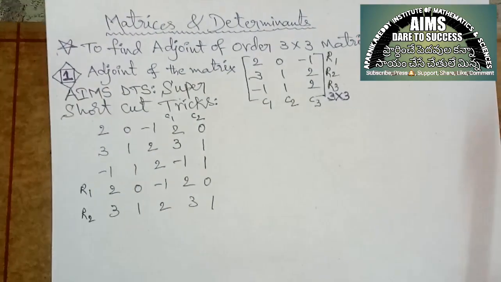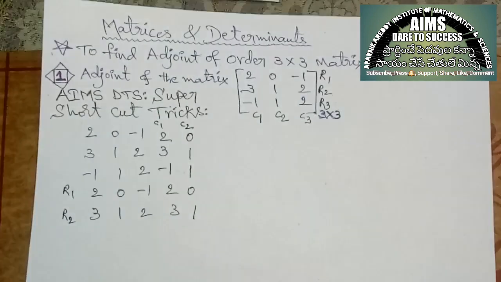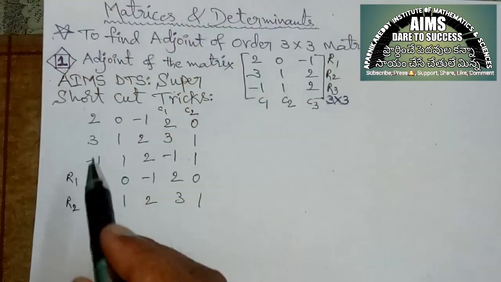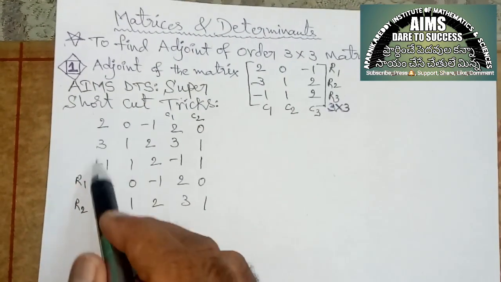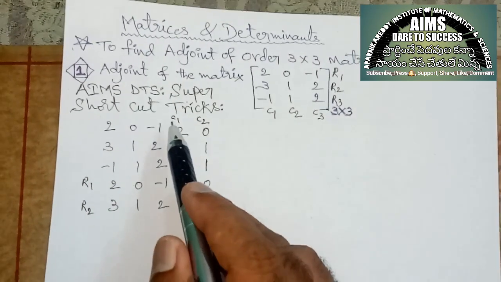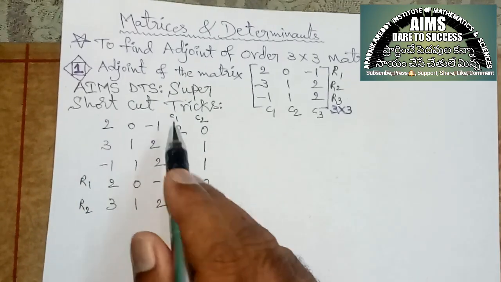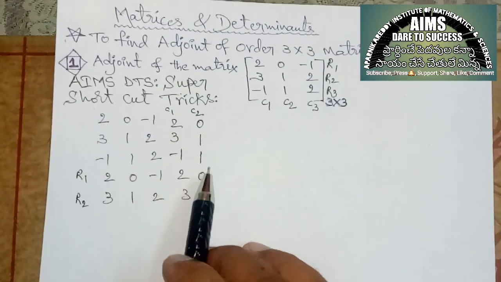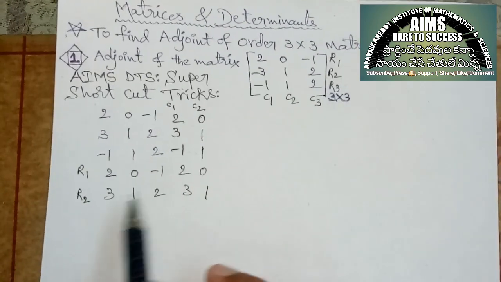That is why, my dear friends, I wanted to tell you row 1, row 2, row 3, column 1, column 2, column 3. It is the given matrix value. From the given matrix, you write column 1 and column 2 one more time after the matrix, and after that you take row 1 and row 2 as it is below.